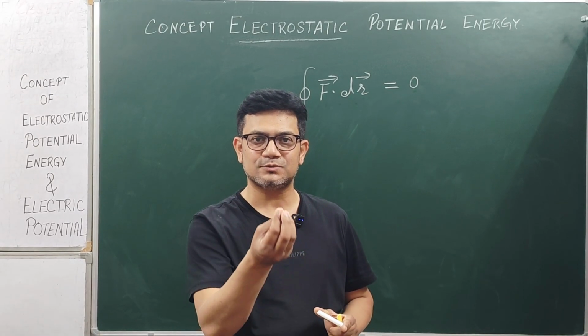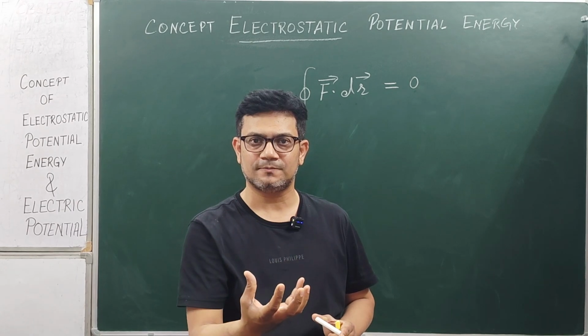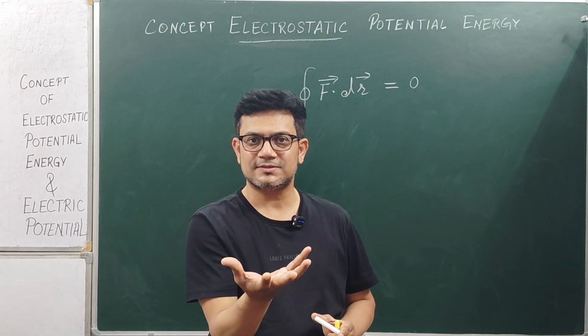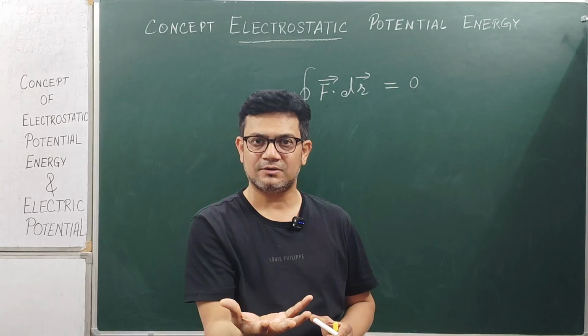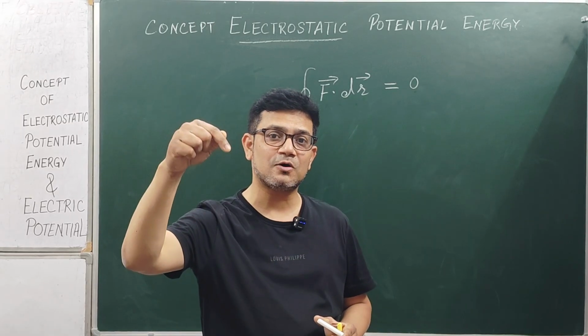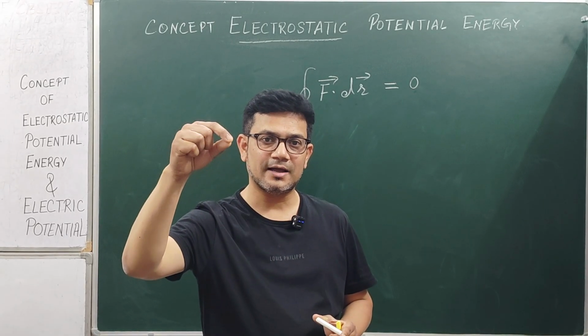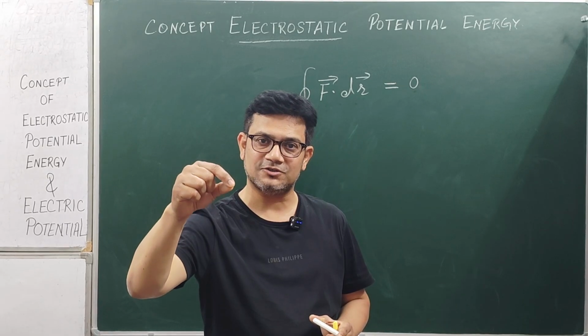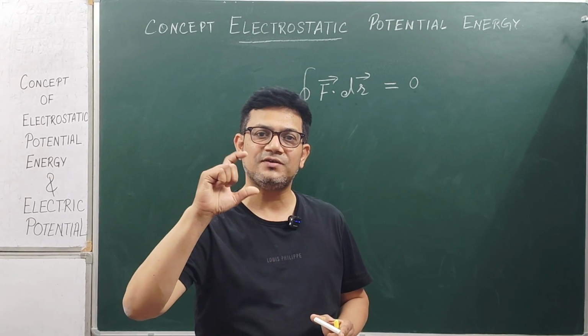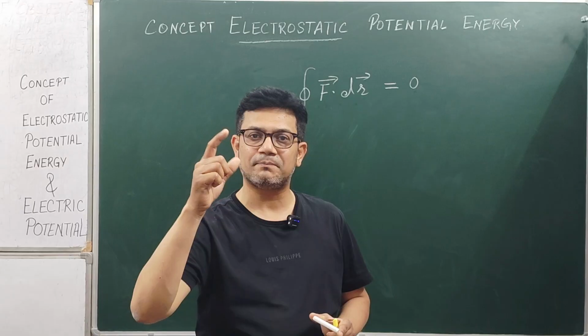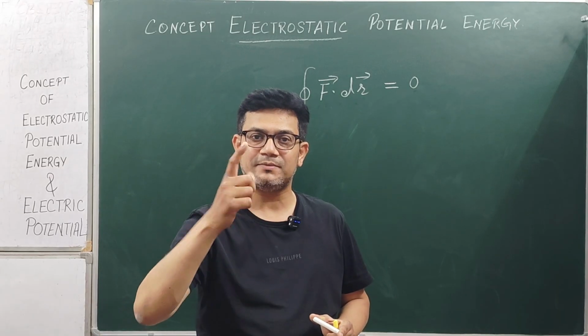That field is because of a source charge, and if you bring any other small charge of the same nature there, it's going to feel a force, and that is a repulsive force, because it's the same nature.